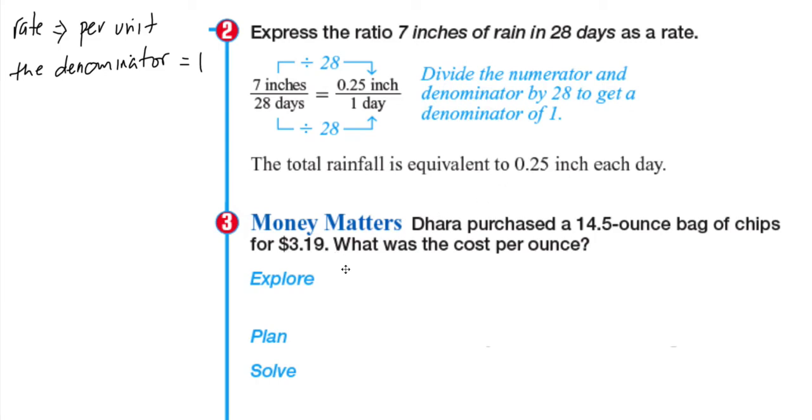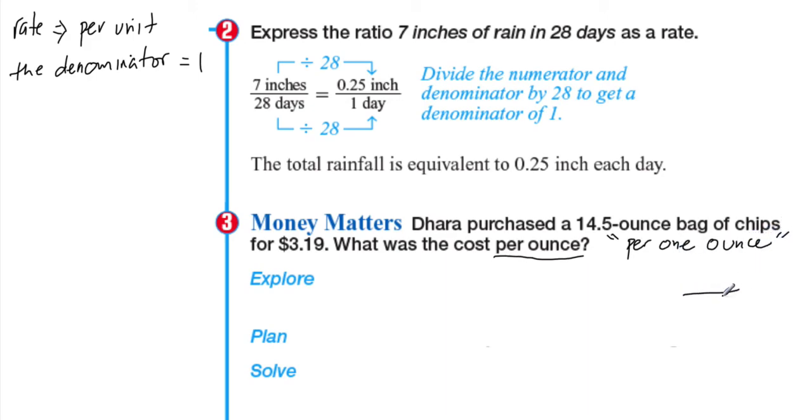Let's take a look at this example in Money Matters. Example number 3. Dara purchased a 14.5 ounce bag of chips for $3.19. What was the cost per ounce? So this already gives you an idea that when you say per ounce, you're saying per 1 ounce.